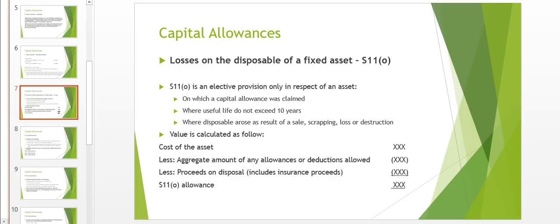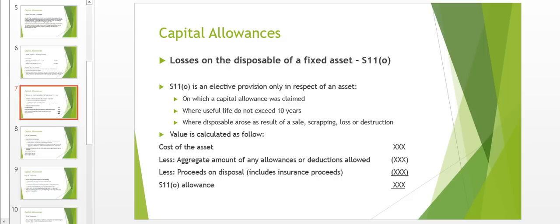So your Section 11(o) allowance is an elective provision only in respect of an asset on which you initially claimed a capital allowance and where the useful life does not exceed 10 years. So in other words, for buildings, you won't be able to claim a Section 11(o) allowance because the useful life on that is much more than 10 years.